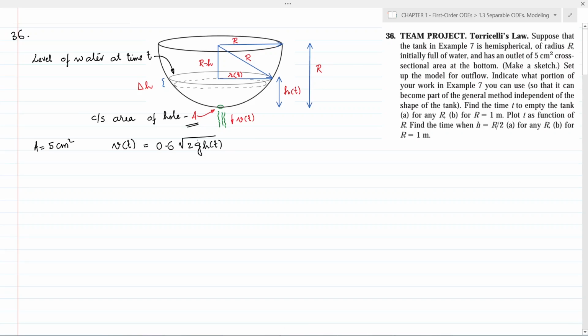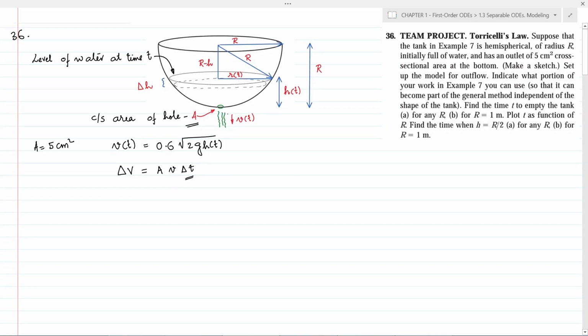Now as per the example 7, if we assume that the water is coming out in a cylindrical manner, then we can write delta V equal to A V delta T, where delta V is the volume of water coming out of the hole in a time delta T.